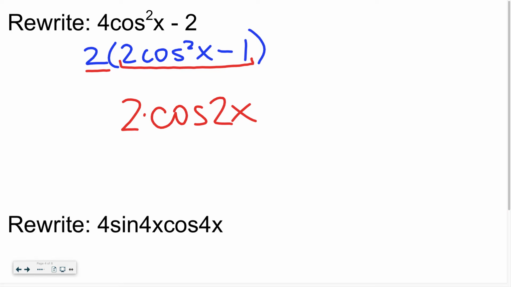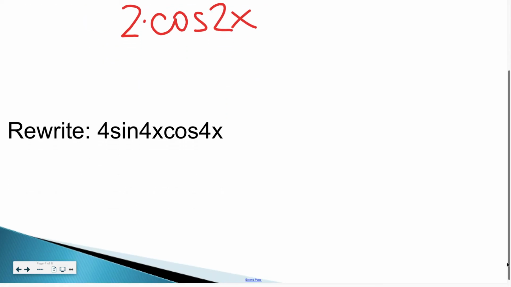We're going to do one more rewrite and then we'll be done. Which formula does this look almost like? It looks like the sine of 2x. But when we apply the formula, it's 2 sine of x cosine of x, you agree?